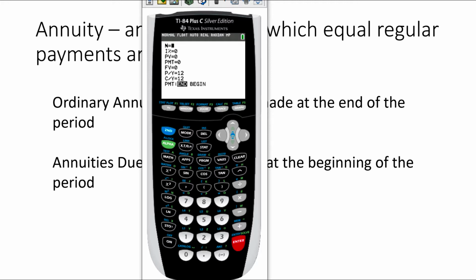If it says annuity due, then we change that payment from end to begin. Or if it says payments are made at the beginning of the period. That's a little bit more obvious, but we also have to look out for annuity due. So again, it's not just the word annuity. We don't change it to begin every time we see annuity, only specifically for annuity due.